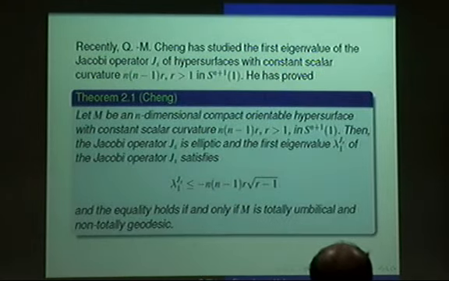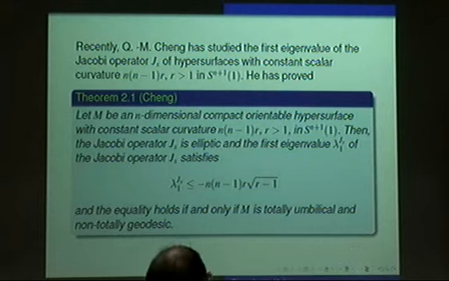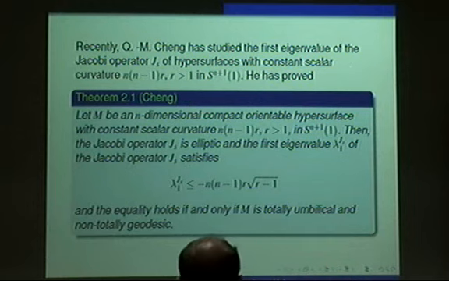Recently, Professor Chen studied the first eigenvalue of the Jacobi operator of hypersurfaces with constant scalar curvature n times (n minus 1) r.